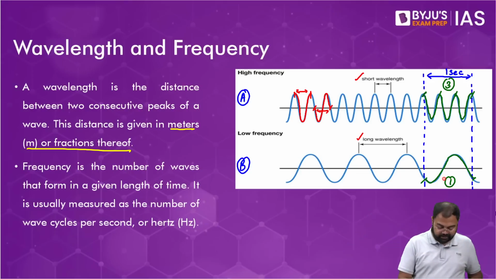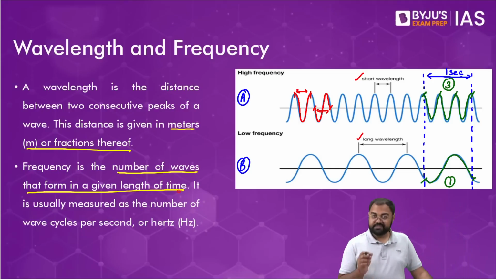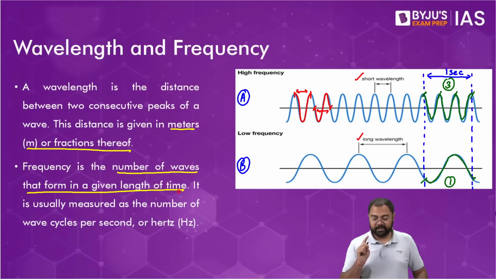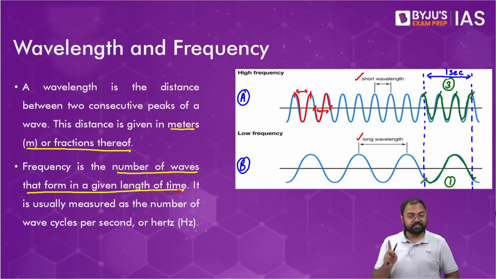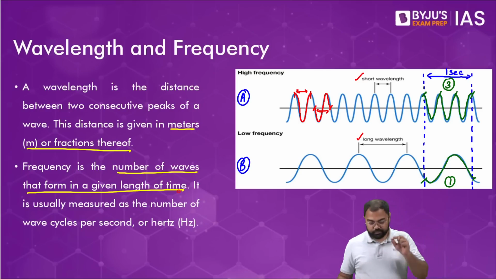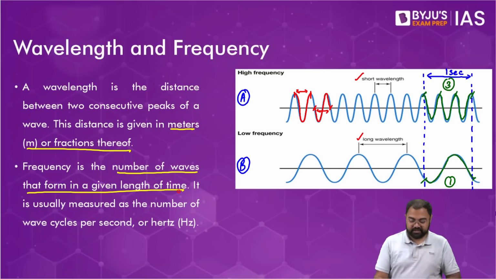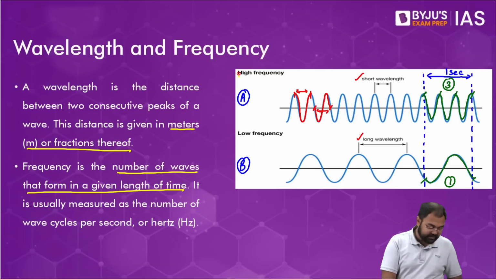Frequency is the number of waves that form in a given length of time. As you can see, in the first case there are 3 waves in 1 second, whereas in the second case there is just one wave in that 1 second. So when the wavelength is short, frequency is high.